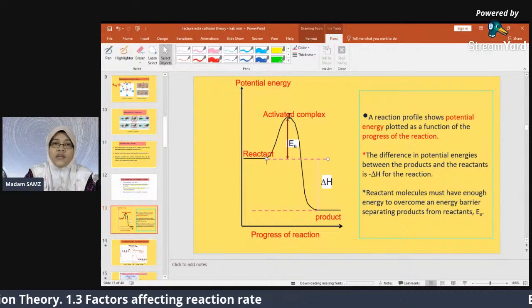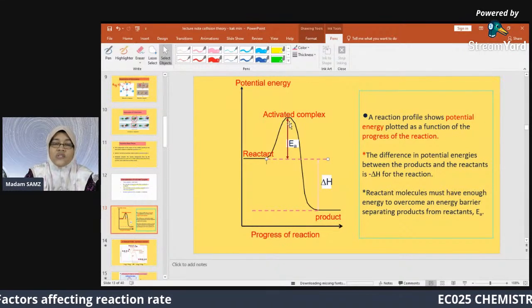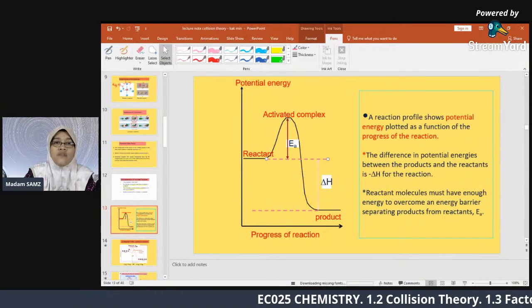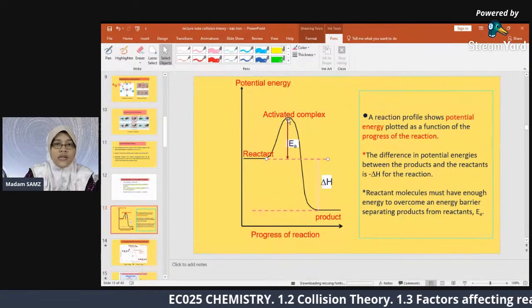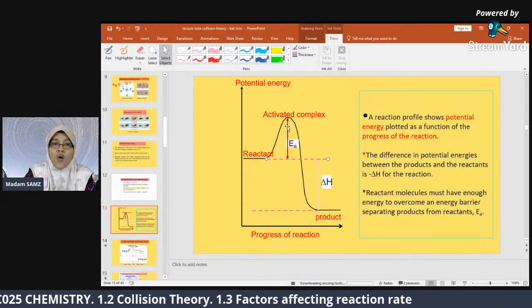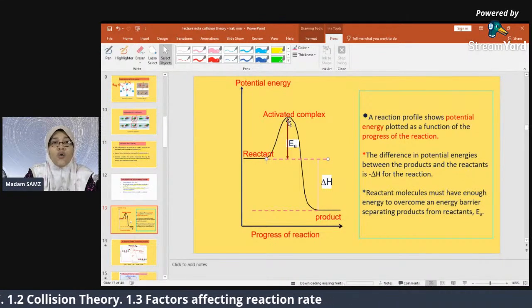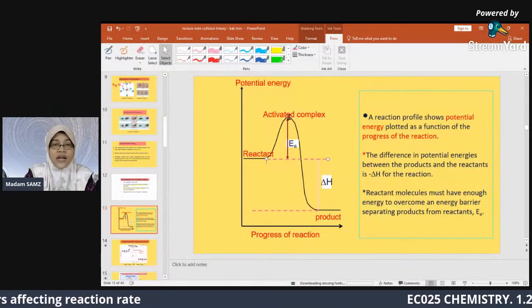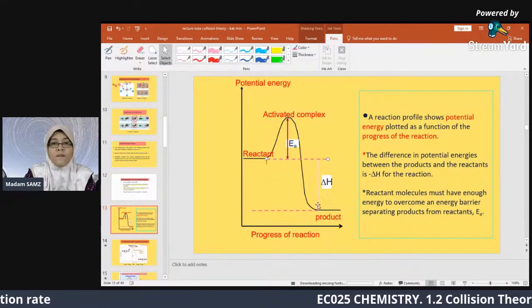And in this state, we call it the transition state, and the species here, the activated complex, is short-lived and very unstable. It will form a product or reactant based on the orientations. If this activated complex has the correct orientation, it will form product.